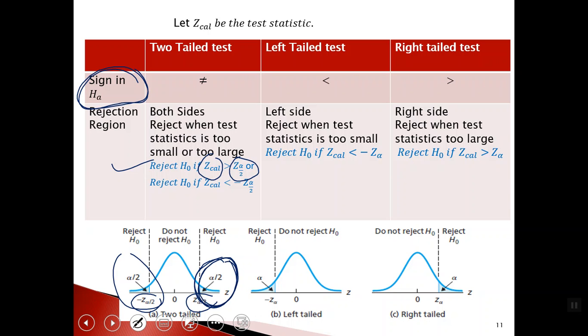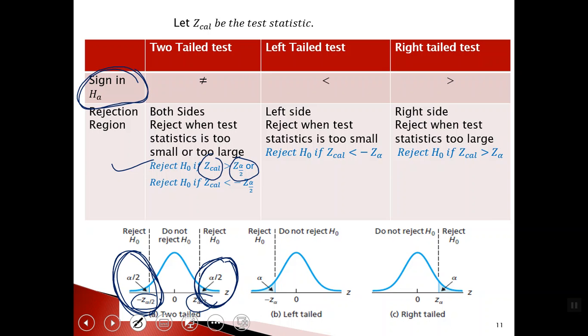Or again, there are two cases. You have to reject H naught if your Z cal value is within this range. That's the huge difference between the two tail and one tail test. This is the two tail case. You have to check both sides with alpha over 2.